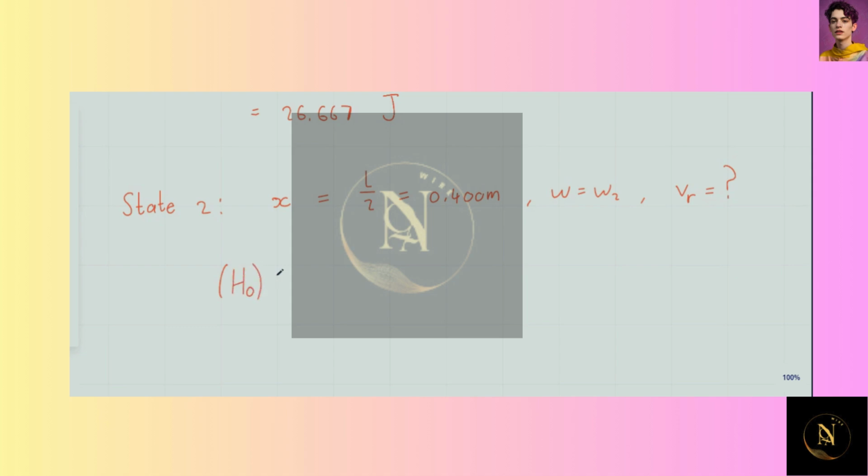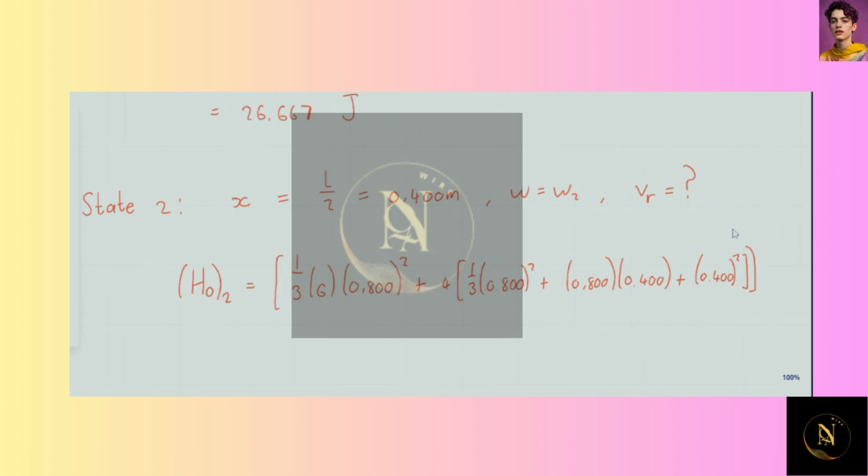So the angular momentum about the origin O for state 2 is equal to 1 over 3 times 6 times 0.8 squared, plus 4 times 1/3 times 0.8 squared plus 0.8 times 0.4 plus 0.4 squared, and all this is multiplied by omega 2.